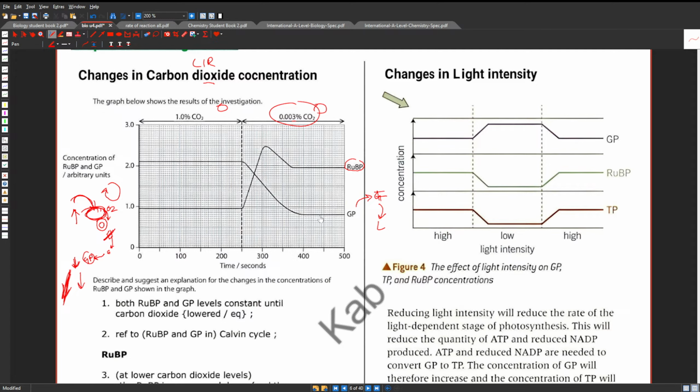That's why you're still having GP over here. Now, when the RUBP is being regenerated, it reaches a peak and then goes back down, because as this goes down, this builds up, and then it reaches a peak until this starts concentrating downwards.